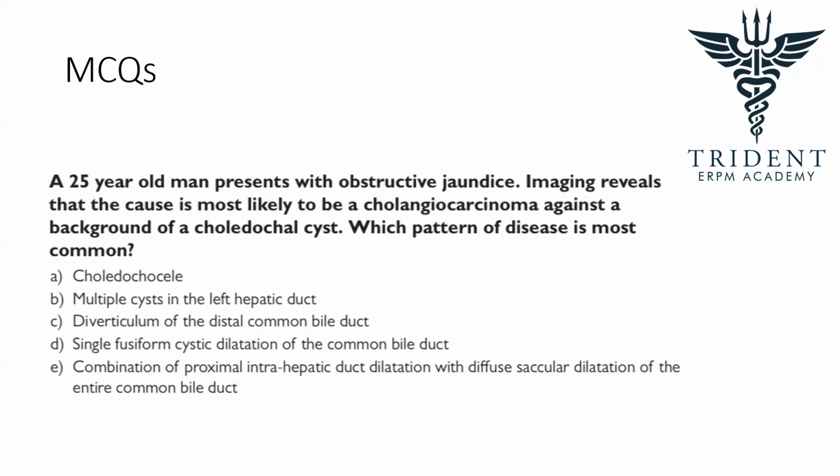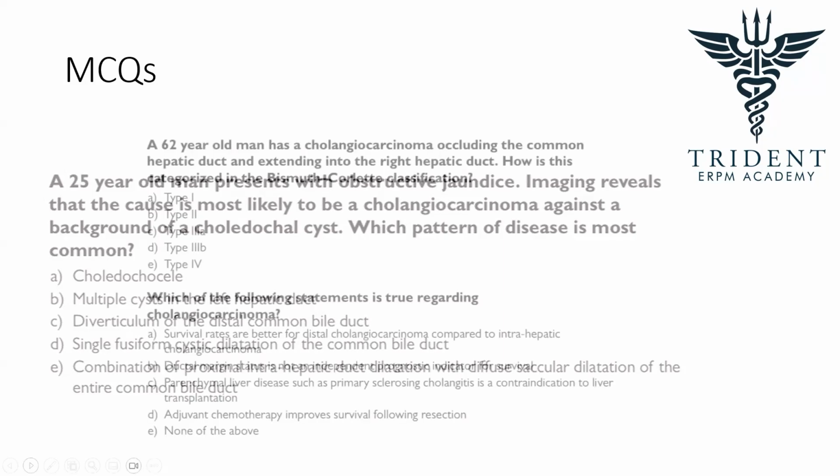If you go through the Todani classification, the most common type is type 1, which accounts for 70 to 80% of patients, and type 4 is next most common with 20%. So the correct answer is D.